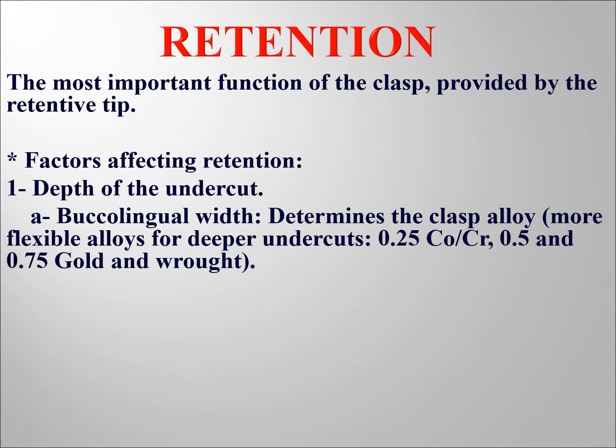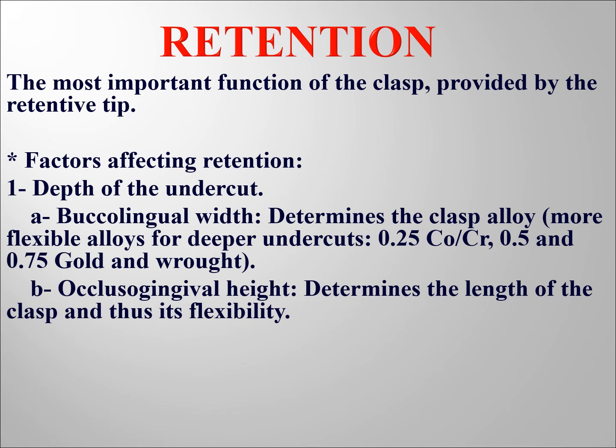Now, you use more flexible alloys for deeper undercuts. That means 0.25 cobalt chromium is appropriate. If it is deeper than that, if it is 0.5 or 0.75, you use gold or wrought wires. You cannot use the rigid cobalt chromium for undercuts deeper than 0.25.